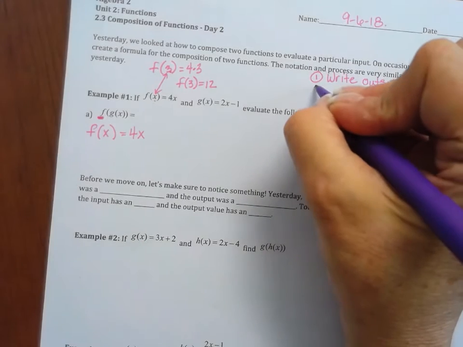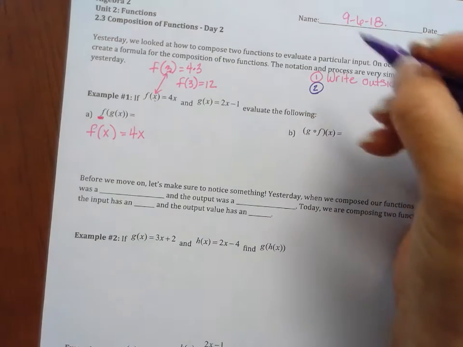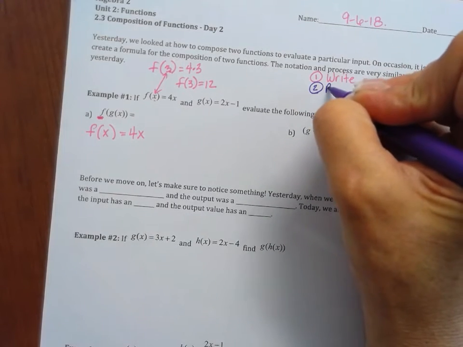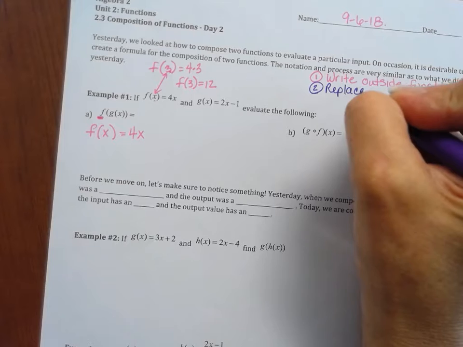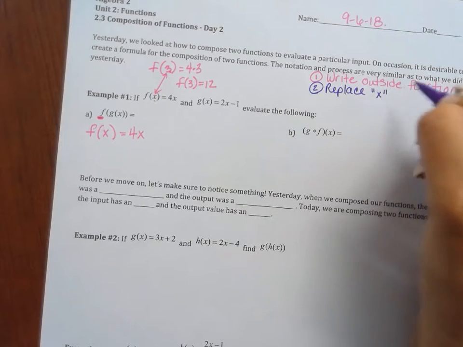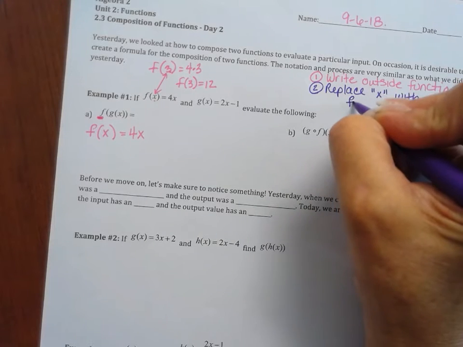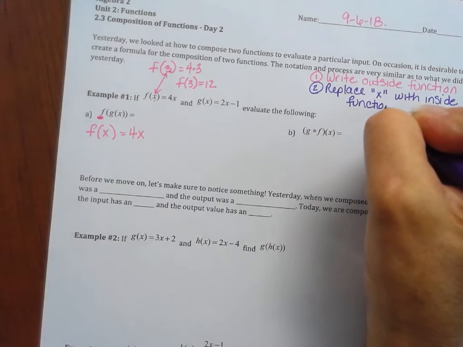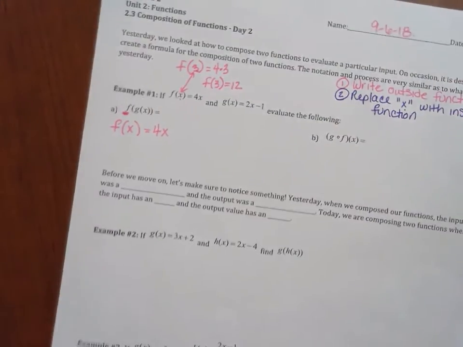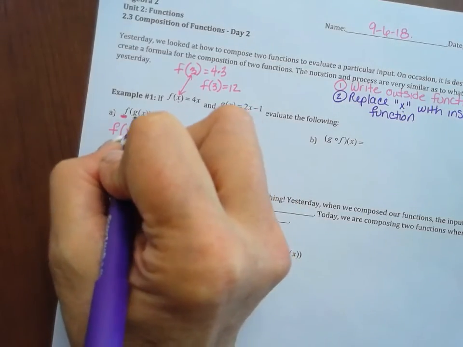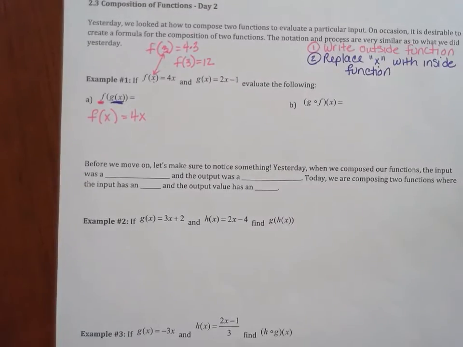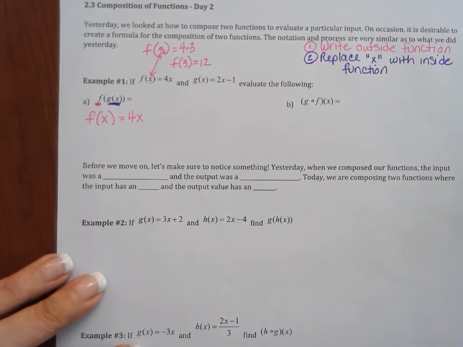My second step is to replace my x with my inside function. On this one, g of x is my inside function, correct?